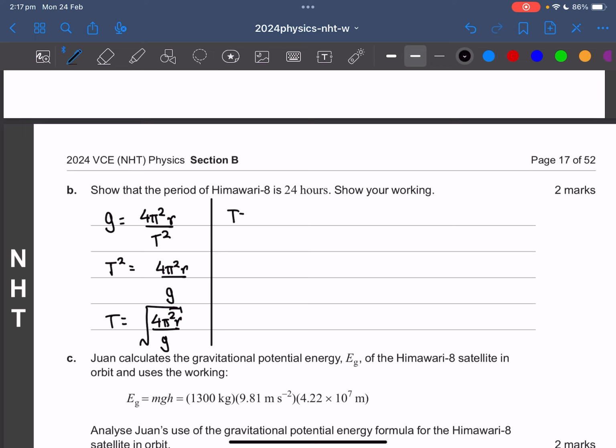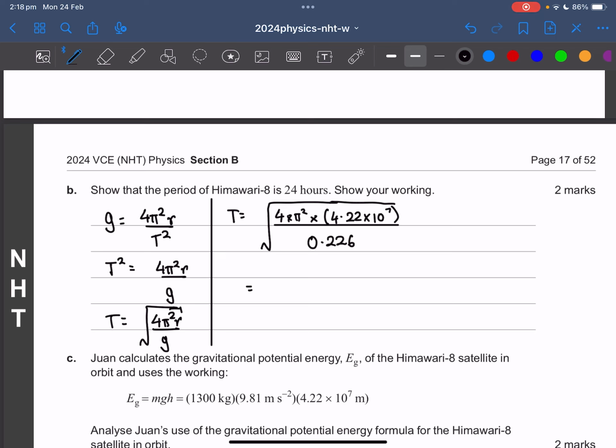Now we just substitute the numbers in: 4 × π² × 4.22 × 10^7, divided by 0.226, as we calculated from the previous question.